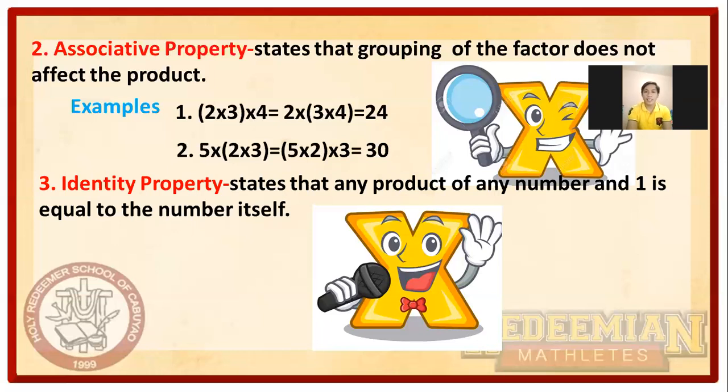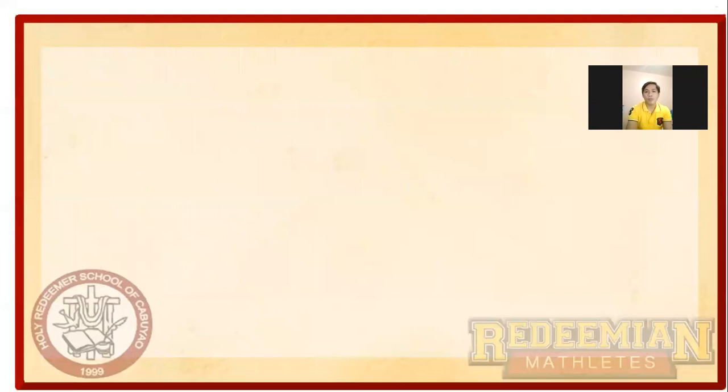If you look at an example, 9 times 1 equals 9. So 9 multiplied by 1. So 1 is the identity property of multiplication. Another example, 1 times 15 equals 15. To determine if it is identity, just look at what number we multiply. If the number is multiplied by 1, it is the identity property of multiplication.